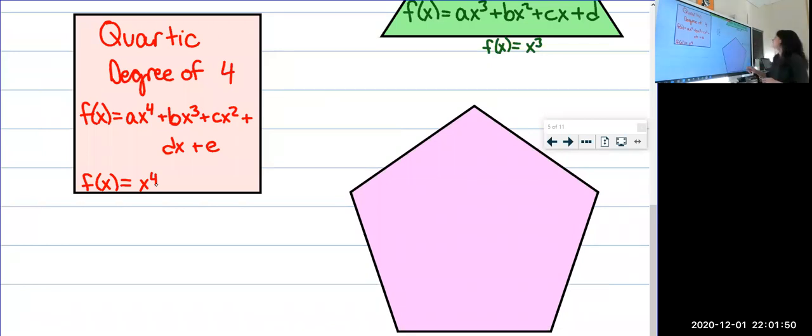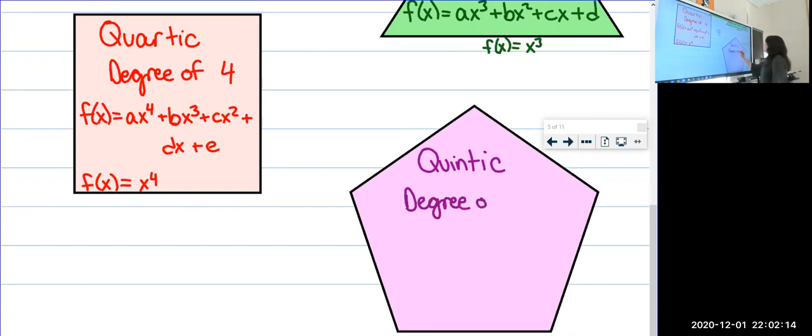All right, finally, my last named function that we're going to learn is the quintic. Quintic, quintuplets. You've had 5 children all at once. Quintic, 5-sided figure. Although this is a pentagon, so we don't call it a quintagon, it's a pentagon. But this is a degree of 5, which means that you are going up to and stopping at the 5th power.